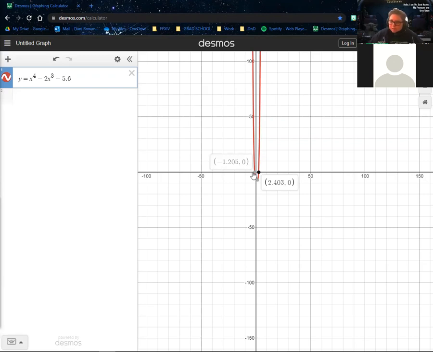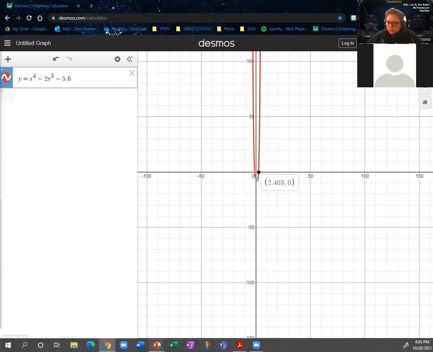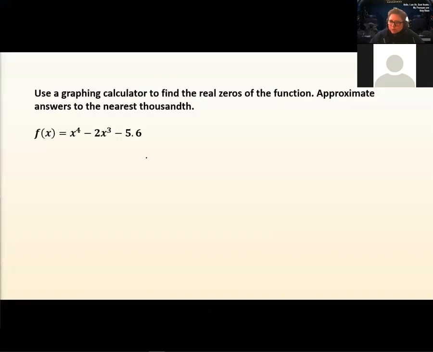So the approximates are negative 1.205 and 2.403. I'm going to just go ahead and write that down. So x is approximately negative 1.205 and x is approximately 2.403.